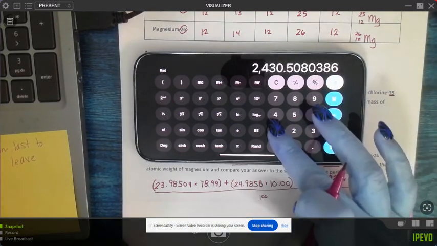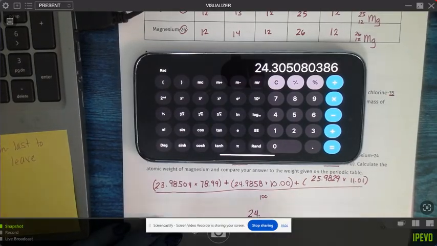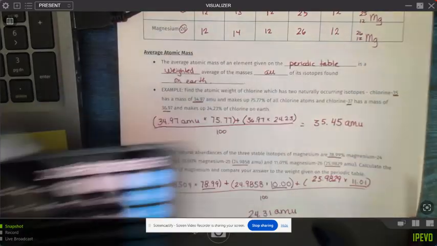And if we divide that by 100, we get 24, and we're still just going to use 4 sig figs because our percentages only had 4 sig figs, so we would get 24.31 AMU. So that's kind of how you look at calculations.